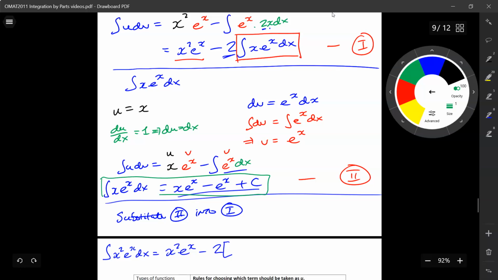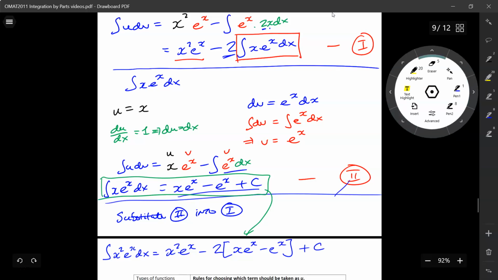So now I'm going to take this here and substitute it in here. So I get x times exponential x minus exponential x. I can put my constant of integration in here.